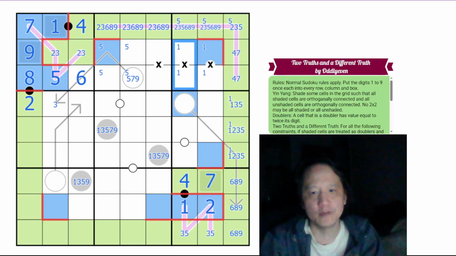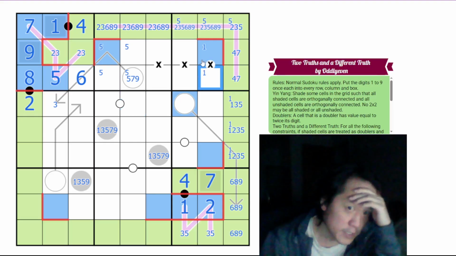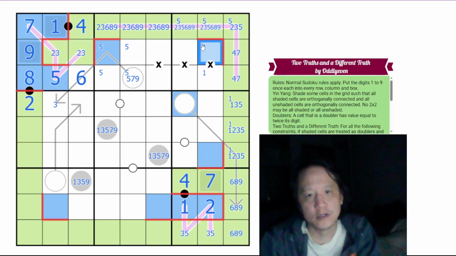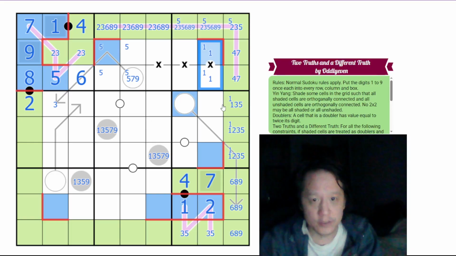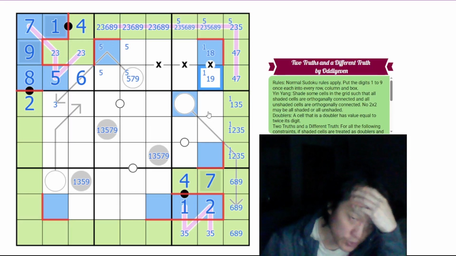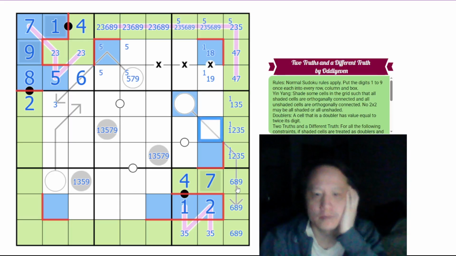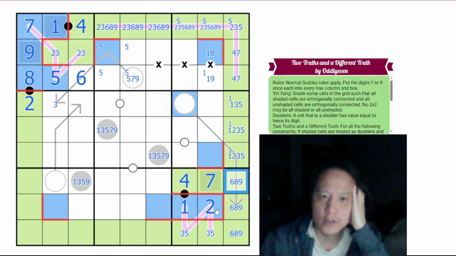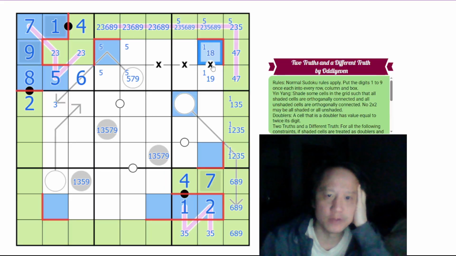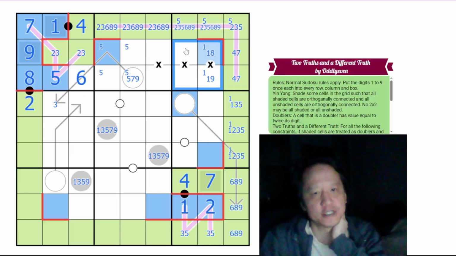This cannot be 1 here. So the 1 is with 8 here. So one of these is 1. So this one is with 8 here, or it's with 9. We're not sure which. Because it cannot be with 4 doubled. That's the only other possible combination to add up to 10.